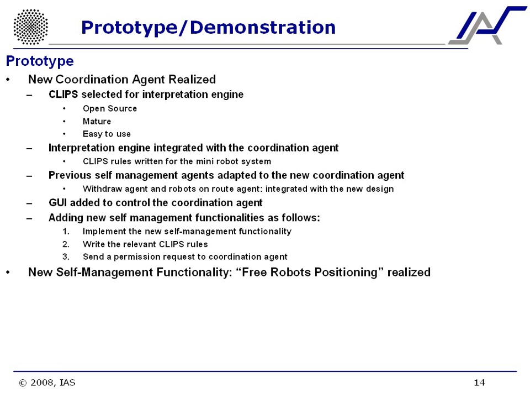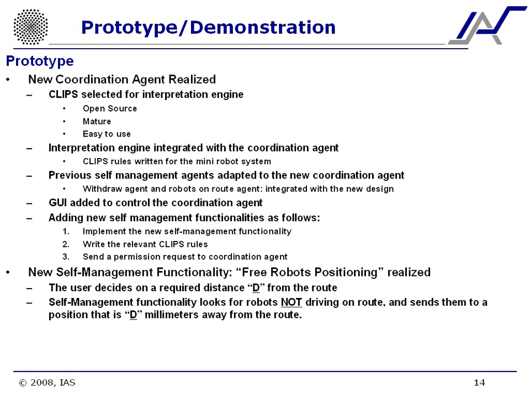And then a new self-management functionality, which also was one of my tasks, was written. The purpose of this functionality is to send the free robots to a certain position. So the user decides on a required distance in millimeters, and then the agent looks for free robots and sends these robots to a certain position that's a certain distance away from the route.